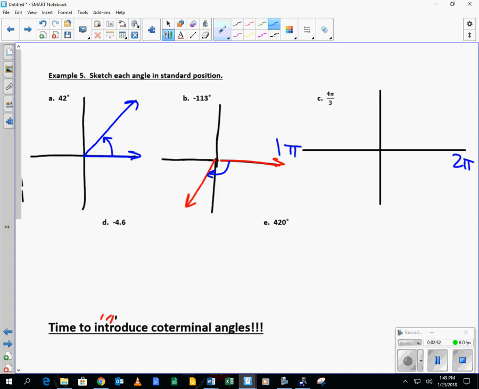Now, 2 pi would be, say, 6 pi over 3, right? Okay? So 4 pi over 3 is going to be between which two quadrants? I'm sorry, which quadrant is it going to lie in? 3, yes, third quadrant. Yep.